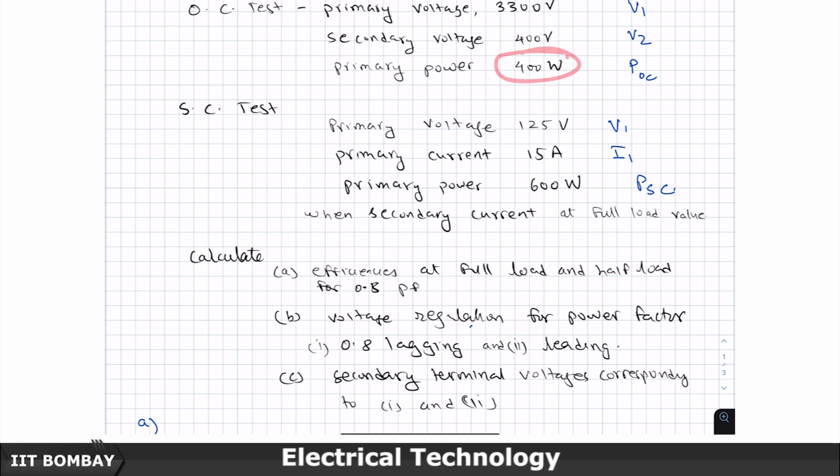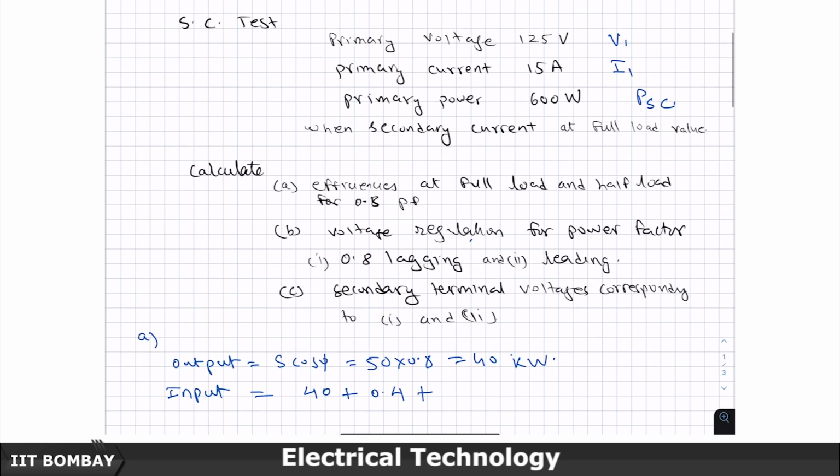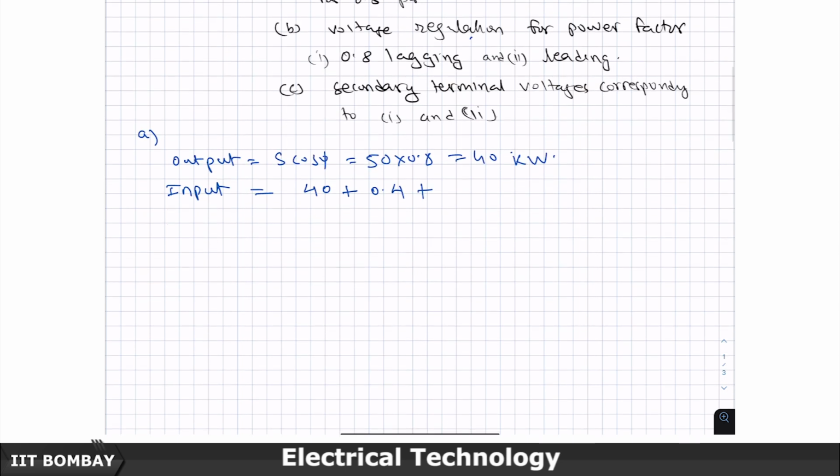The iron losses are 400 watts, they do not change at all. Either I should do everything in kilowatts or everything in watts, so I will write 400 watts as 0.4 kilowatts. Since the full load is prescribed, the load current is at its 100% value, so the copper losses will be exactly as measured in the short circuit test, which is 600 watts, which will give you a value of 41 kilowatts.